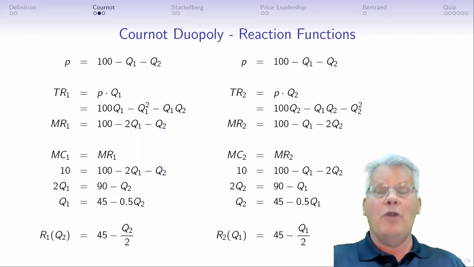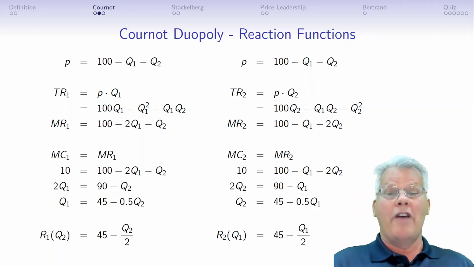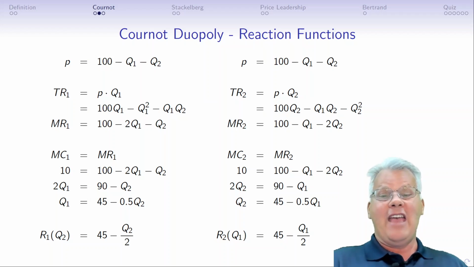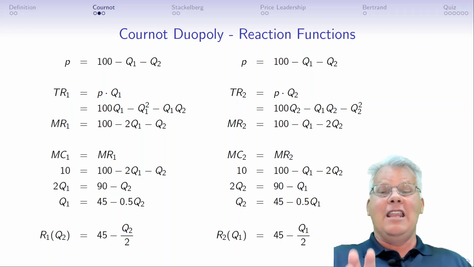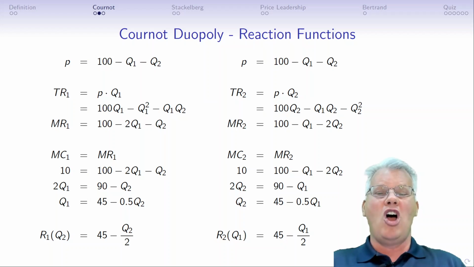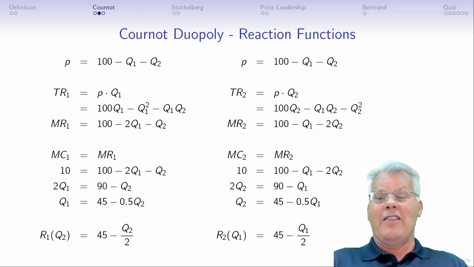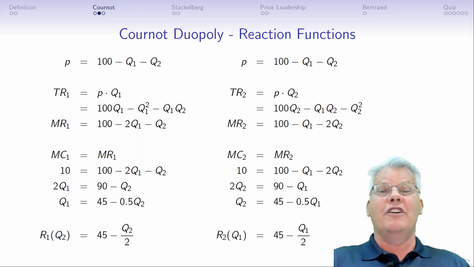We differentiate with respect to firm 2's output to get marginal revenue. For firm 2, we set that equal to firm 2's marginal cost, and then setting firm 2's marginal revenue equal to firm 2's marginal cost defines firm 2's output. And then that gives me a reaction function.